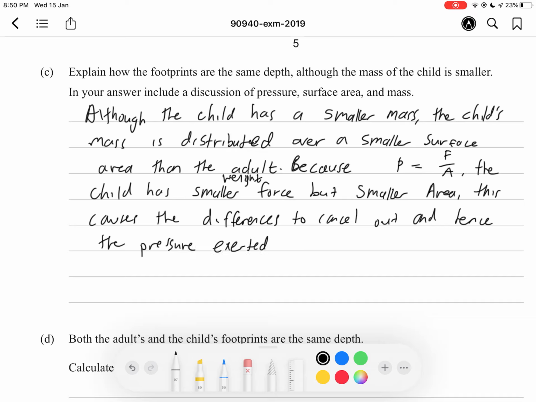And hence the pressure exerted by the child is equal to the adult's. To explain how the footprints are the same depth, you can say that pressure is proportional to the depth of the footprint. The more pressure, the deeper it will sink.